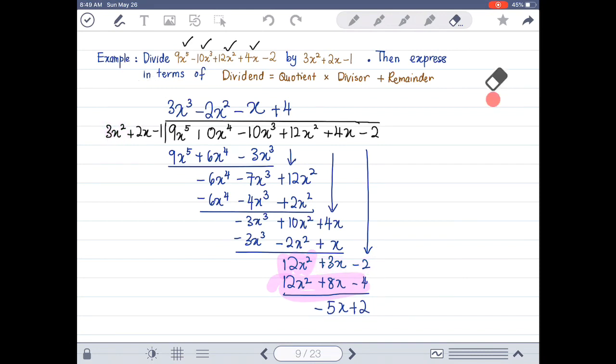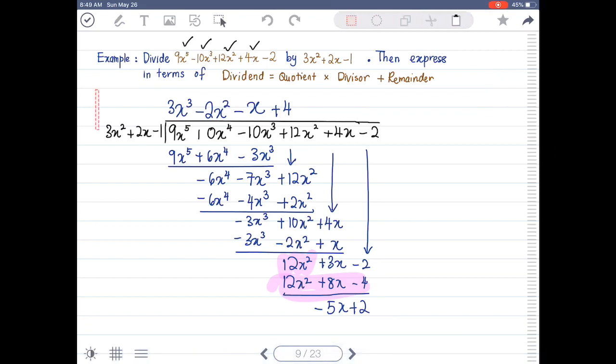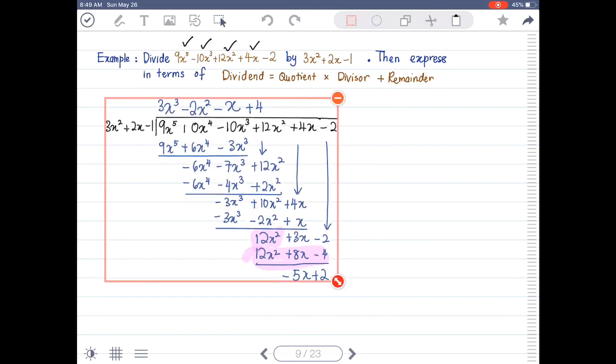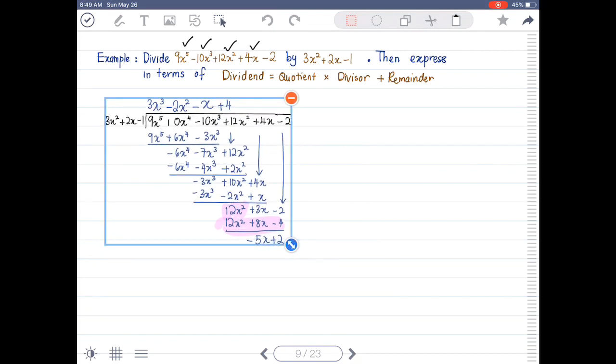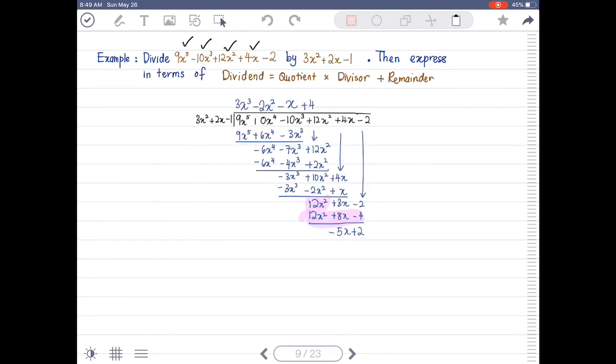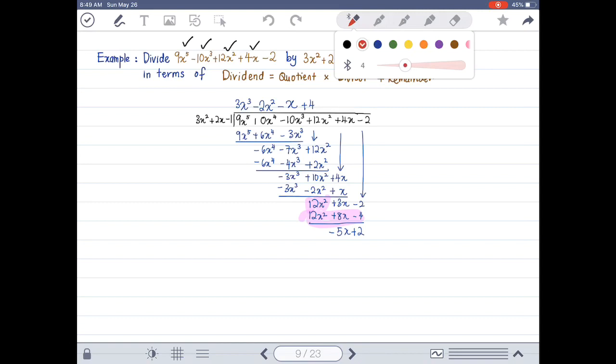Okay. Now we can rewrite the long division in terms of dividend equals quotient times divisor plus remainder. So our dividend f of x is just equal to this one. That is f of x. Our quotient q of x equals this one.